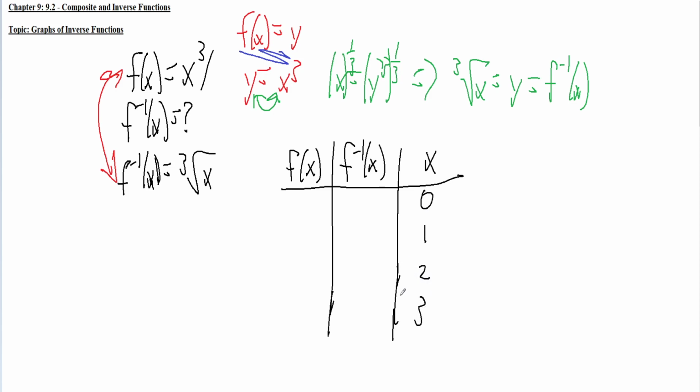And we'll just go over the first 3 points. So 0 cubed is 0, 1 cubed is 1, 2 cubed is 8, and 3 cubed is 27. And if we're taking the cube root of 0, that is also 0, and if we take the cube root of 1, that's also 1.